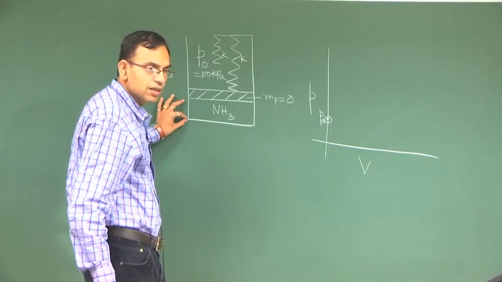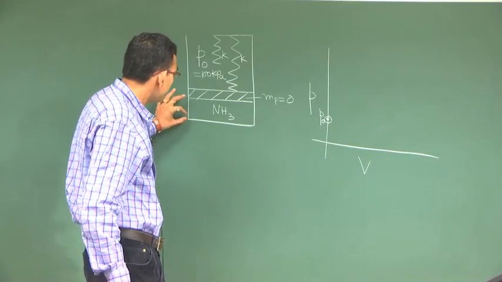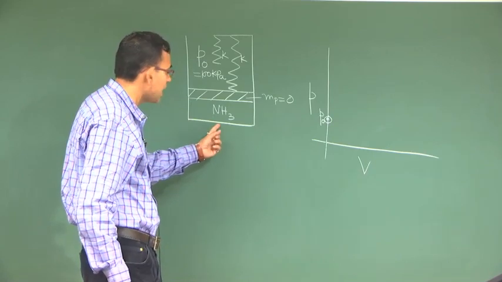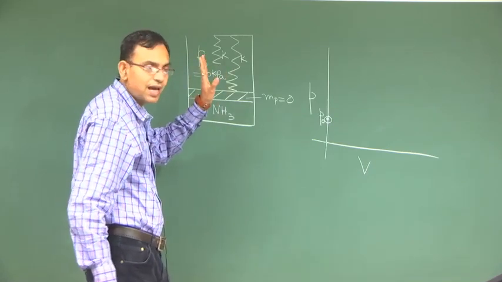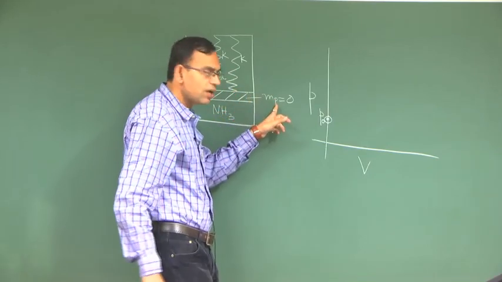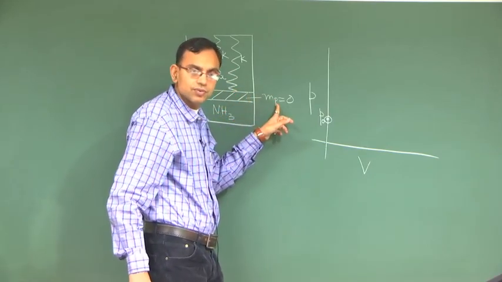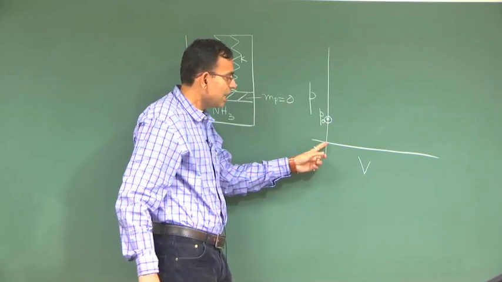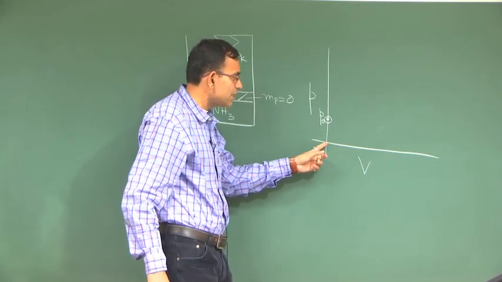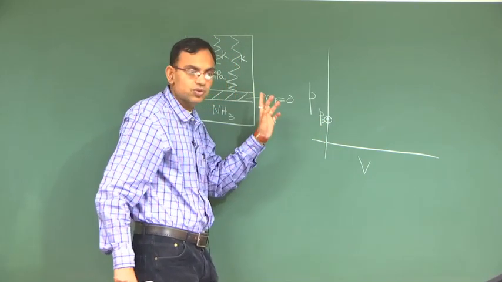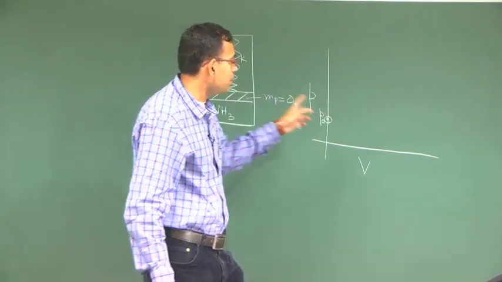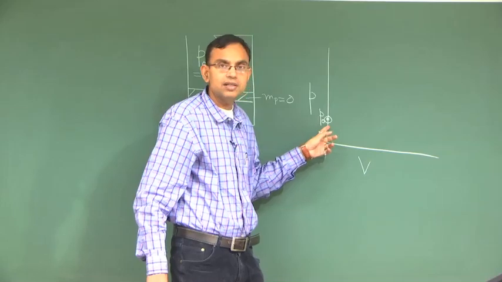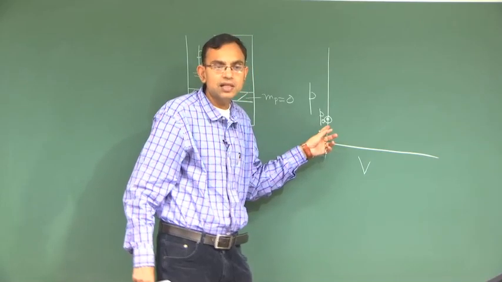For that limiting volume there is an inside pressure which is balanced by P0 because both the springs are relaxed and the weight of the piston is also 0. What balances at that relaxed condition is only the atmospheric pressure. So, it helps you only to plot the data from a hypothetical given condition, not that it is a real physical state.